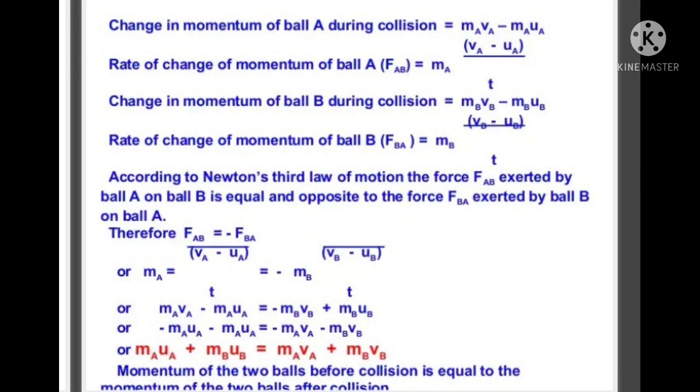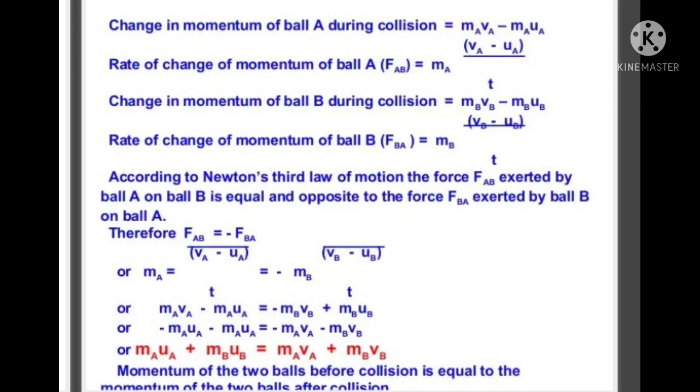Change in momentum. Change in momentum of ball A during collision is equal to MA VA minus MA UA. Rate of change of momentum of ball A, FAB, is equal to MA (VA minus UA) by t.